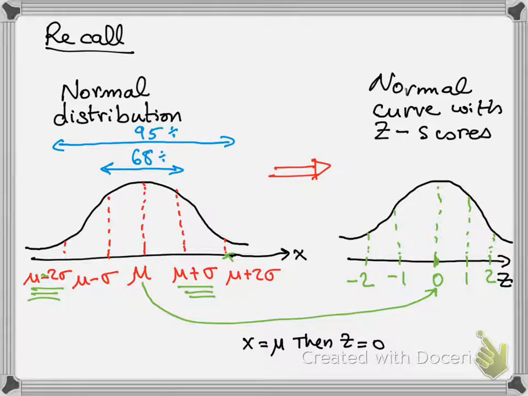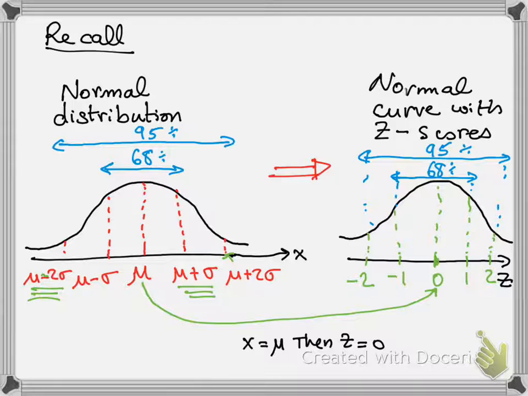We have the same thing for the normal curve with the z-scores. From -1 to +1, that's 68%. And from -2 to +2, that's 95%. Actually, this curve here with the z-score has a name. It's called the standard normal distribution.